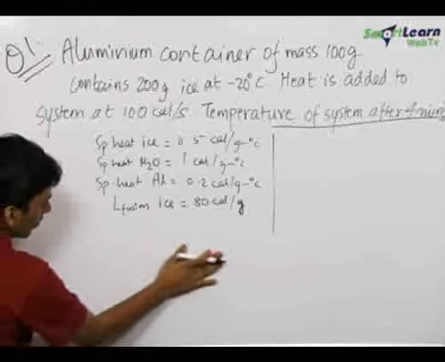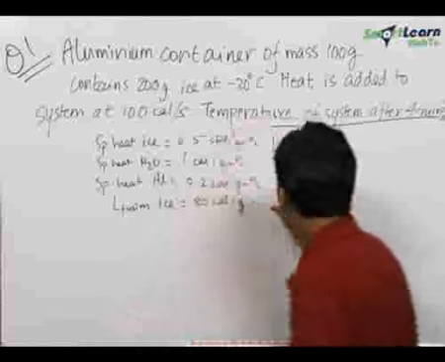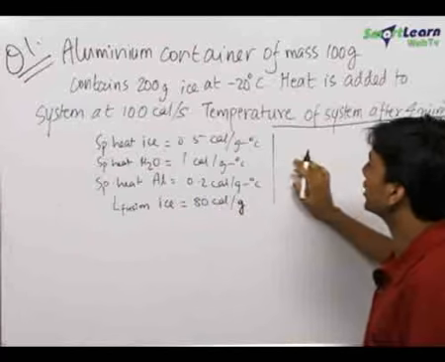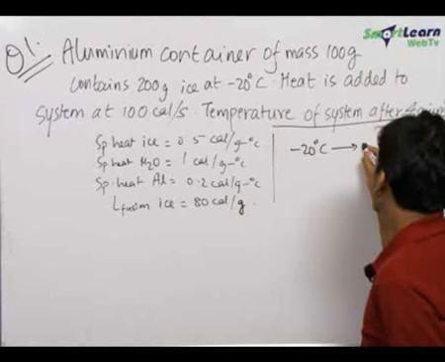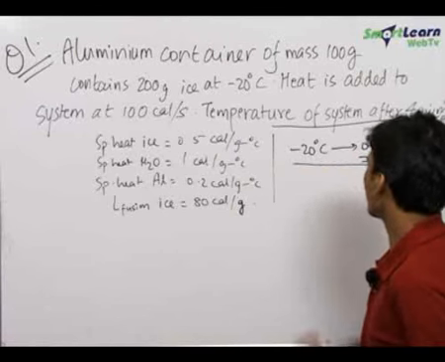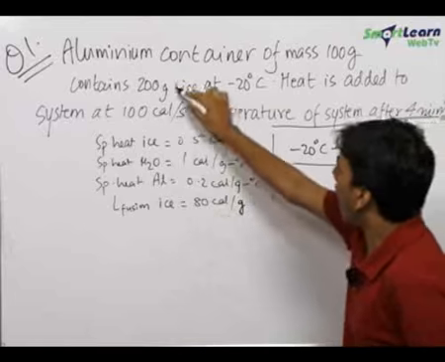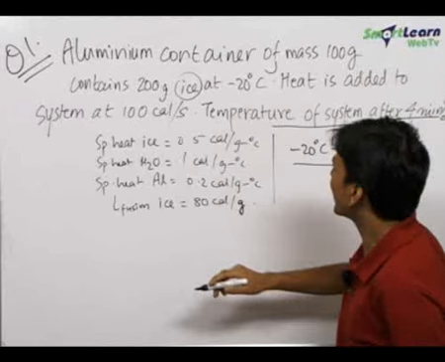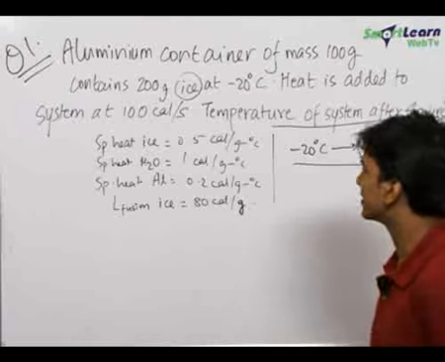Now let us first check how much heat is required by the object to go from minus 20 degrees Celsius to 0 degrees Celsius. There is an important thing about 0 degrees Celsius. Ice can exist in the form of ice at 0 degrees Celsius, or it can exist in the form of water at 0 degrees Celsius.